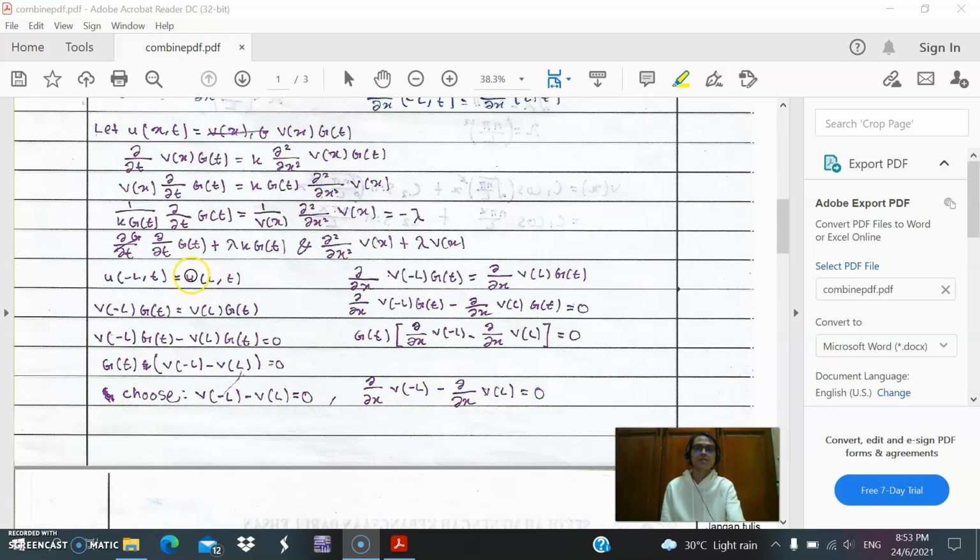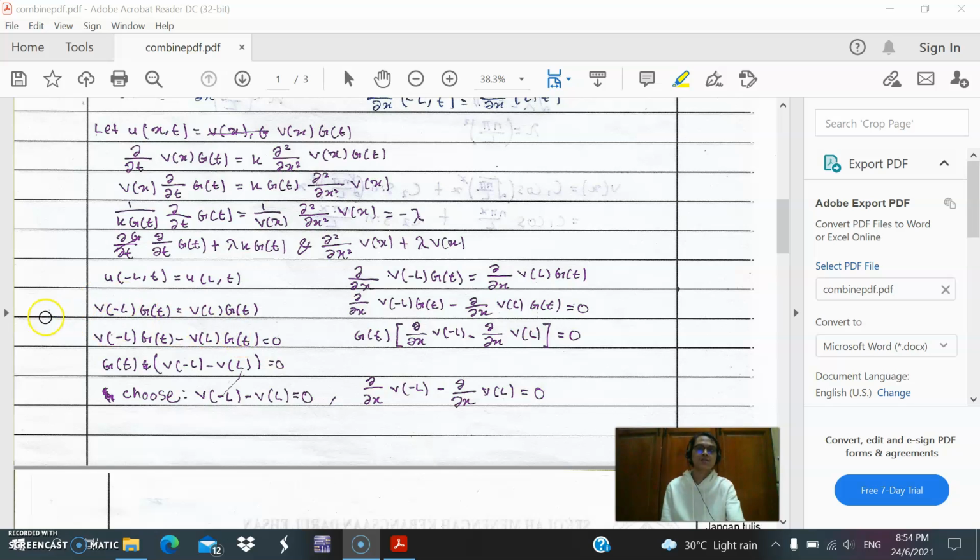Lepas tu kita satisfy the boundary u(-L,t) equals to u(L,t). Kita gantikan x dengan negative L dan L. So kita akan dapat macam ni, V(-L)G(t) tolak V(L)G(t) equals to 0.